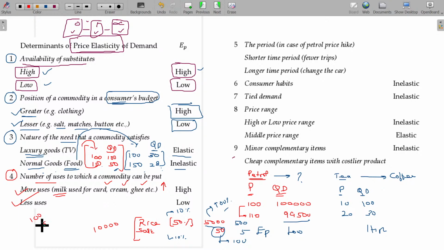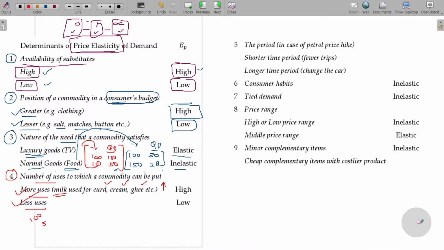Sir, what is the use of that? We won't go for that. So it has no other uses. So fewer uses will have low elasticity of demand. More uses will have more elasticity of demand. See, in this particular content, I am discussing and linking the price elasticity level with some factors. Those factors come under determinants.